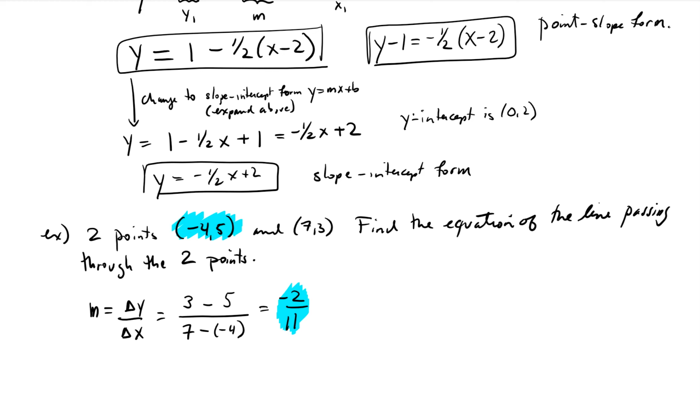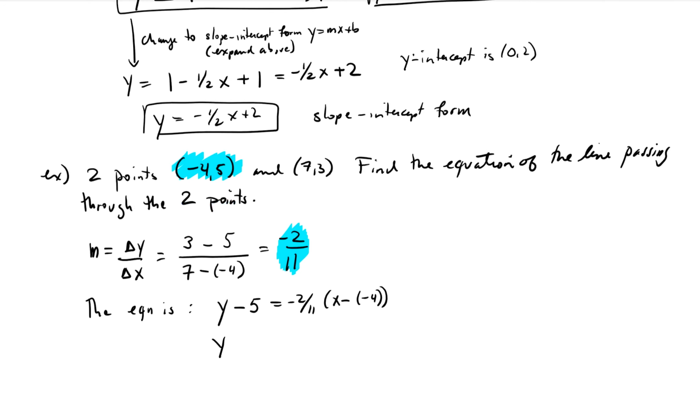So as soon as I've got a point and a slope, I can use the point slope form. So the equation is, so how did that go? y minus the y coordinate of the point that I choose is equal to the slope times x minus the x coordinate. So let's clean this up a bit.